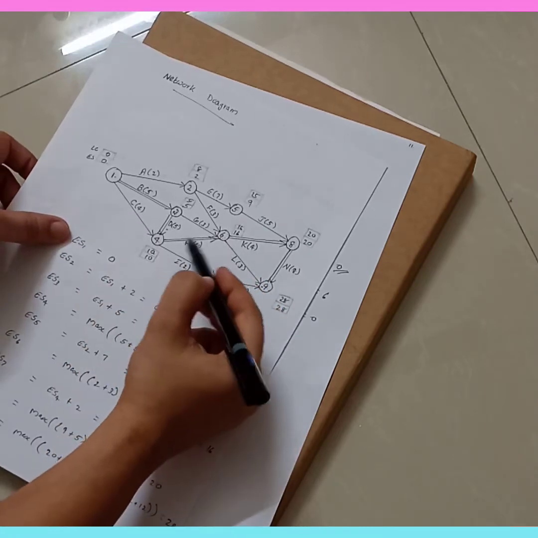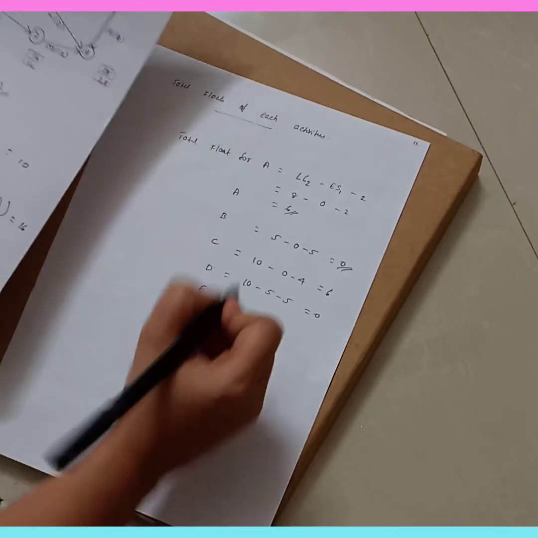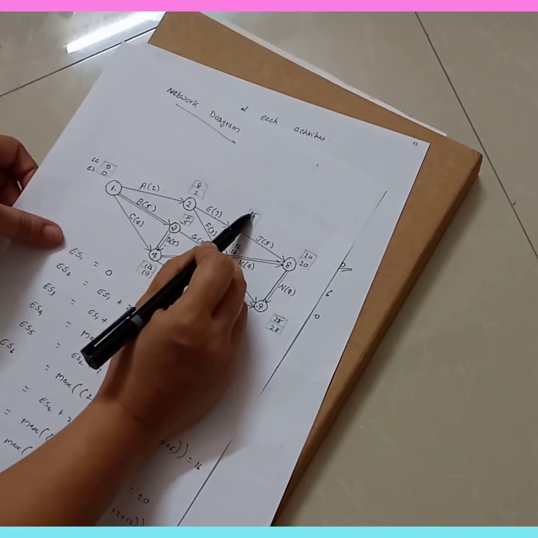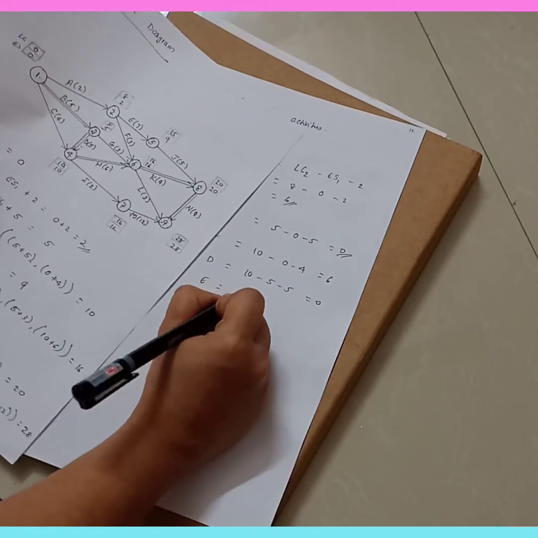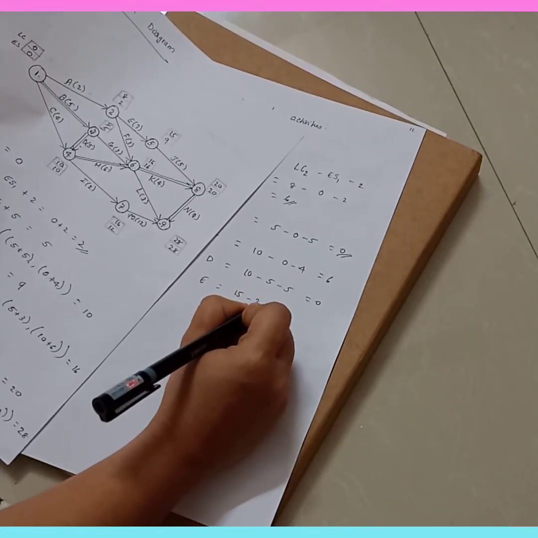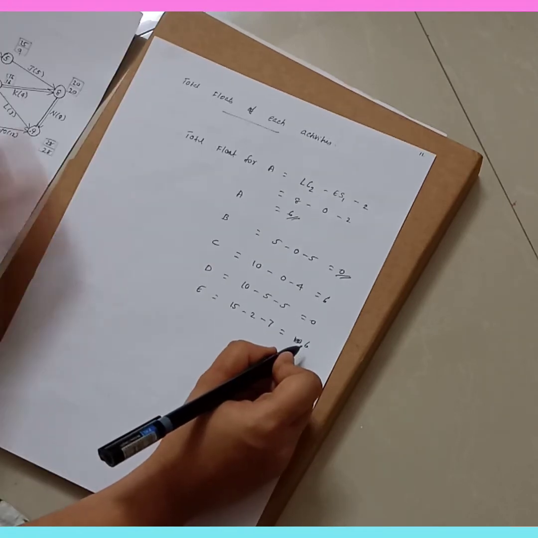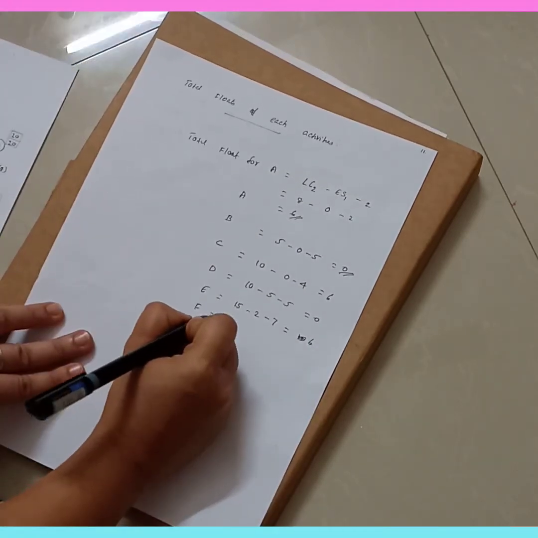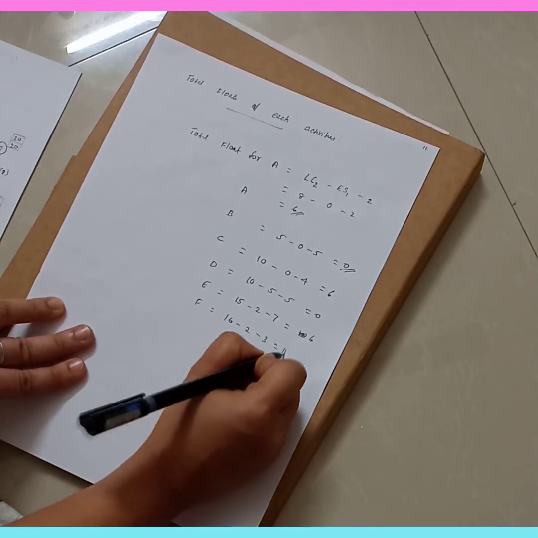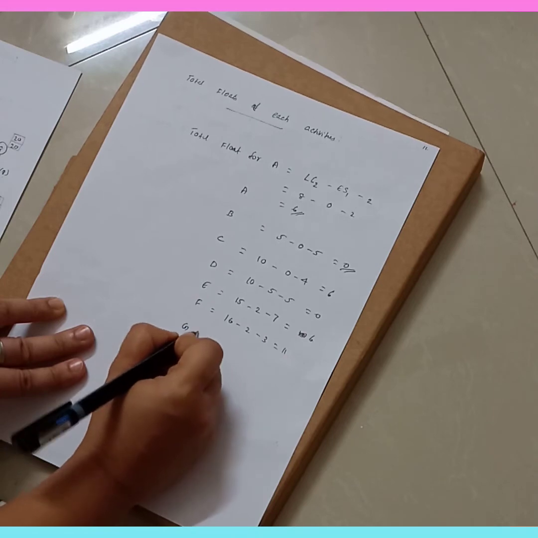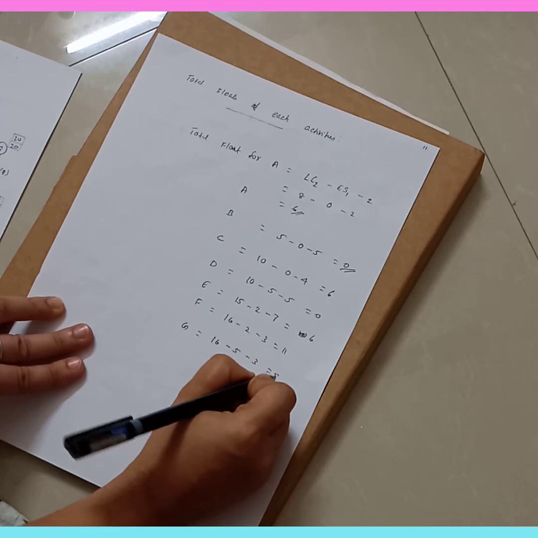Then for E, it is 15 minus 2 minus 7, which is equal to 6. Then you have F. Similarly for F, it is 16 minus 2 minus 3, which is equal to 11. Then G, 16 minus 5 minus 3, which is equal to 8.